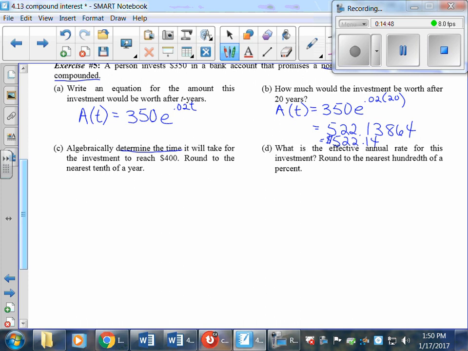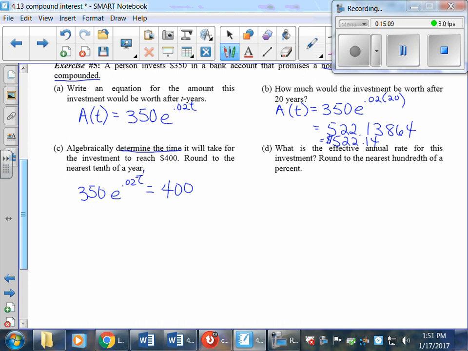All right, so in this case now, we are going to take our 350 times e to the 0.02t and set it equal to 400. Now you could have put the 400 in the front, but like I always tell you, I do not like that t on the right-hand side, so I'm going to rewrite it this way.